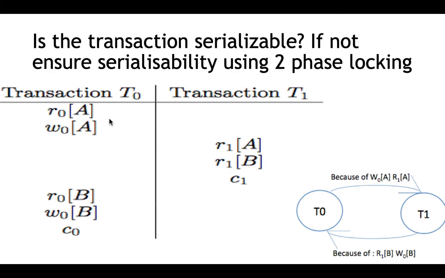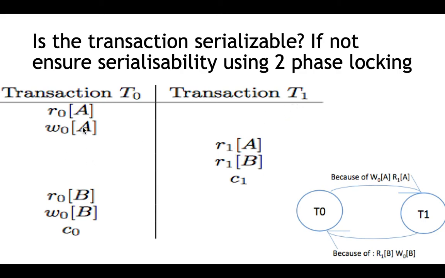So just before showing you the answer, we can have a discussion using this slide itself. So now imagine we lock A. So we have kept lock on A, and lock on A won't be released until we complete the operations. So we can lock A, then we can lock B, only then we will be starting to unlock A. So till then this A cannot be or should not be accessed by T1.